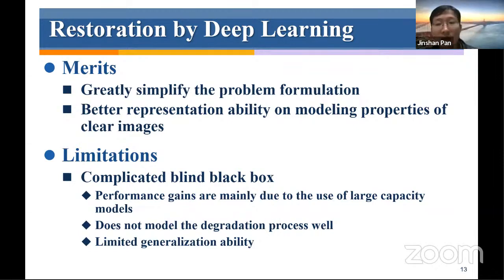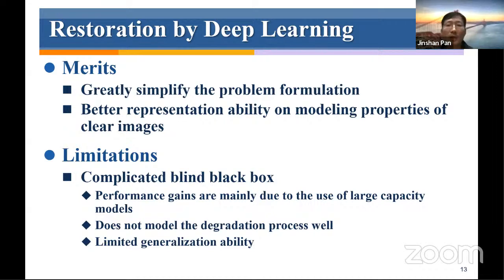And the first one is that the designed networks are more complicated blind black boxes. And we should know that this is a generic limitation of the deep learning-based methods, which is not limited to the image restoration tasks.